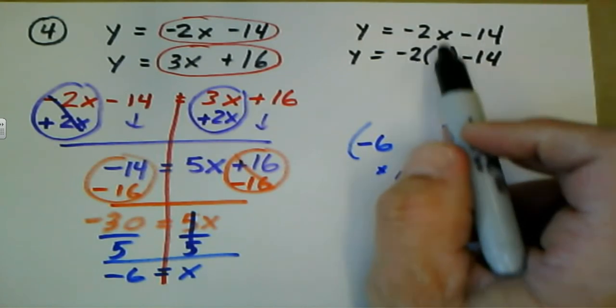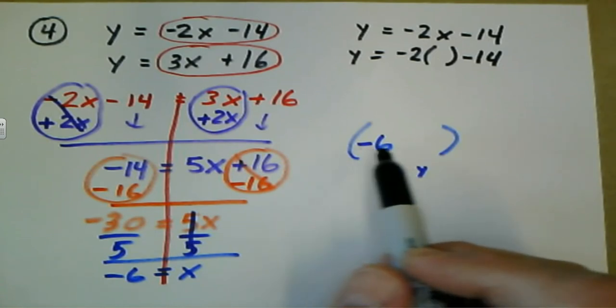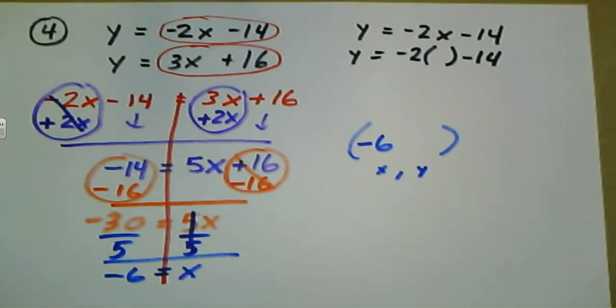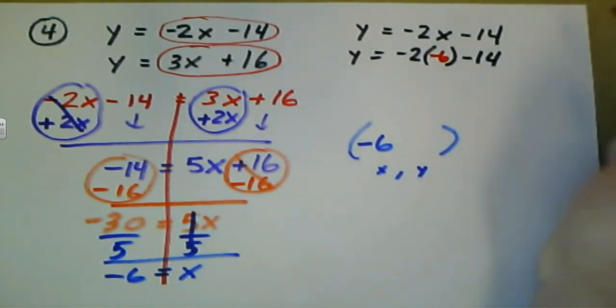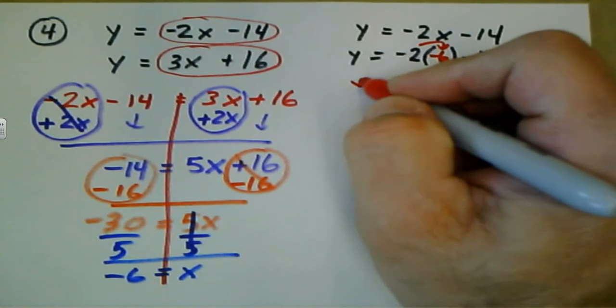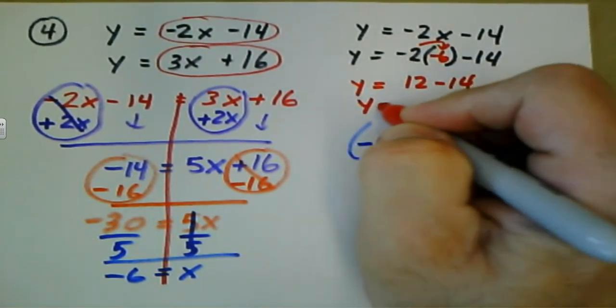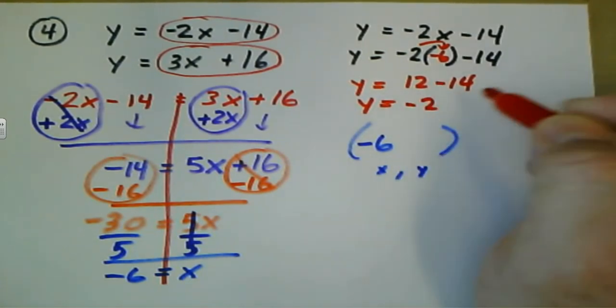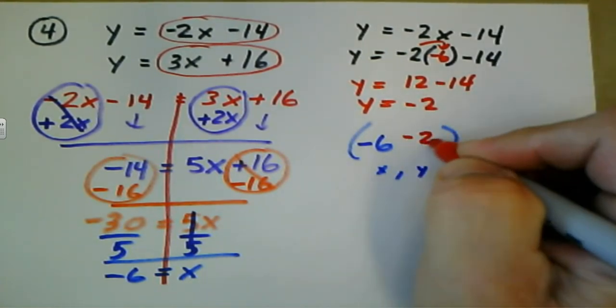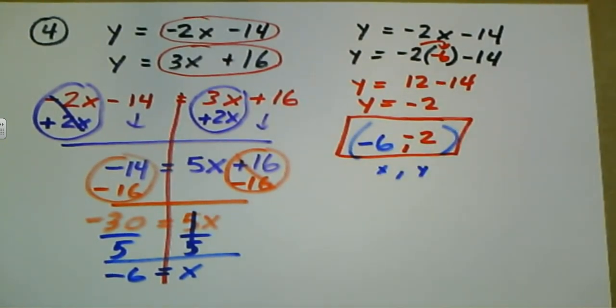I'm actually removing the x and changing it for what x is, or equals, which happens to be in this particular case, negative 6. Negative 2 times negative 6 is 12, and 12 minus 14 is negative 2. That's our answer. The coordinate point, negative 6, negative 2.